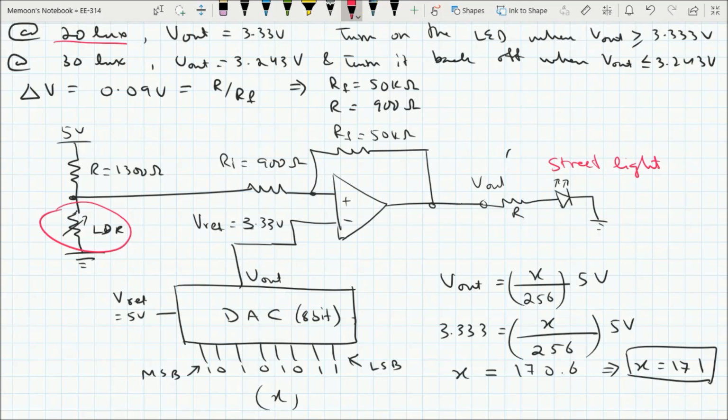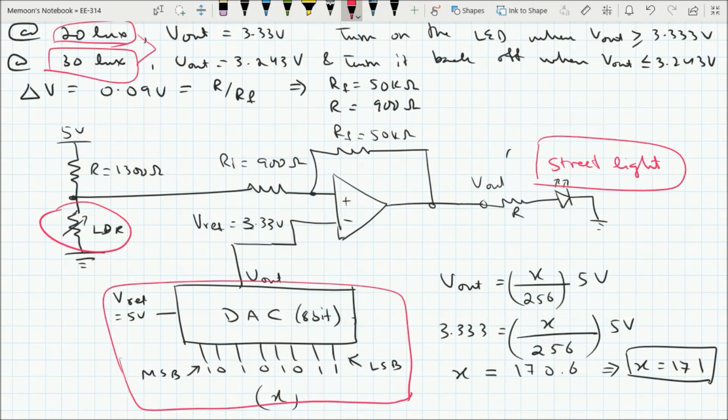So at the night time, as soon as the light drops below 20 lux, this street light will turn on and it will remain on until the light level reaches again above 30 in the morning. So it will be turned back off at that point. And that value of lux, that value of reference light is set by your digital to analog converter, and it is provided by a computer.